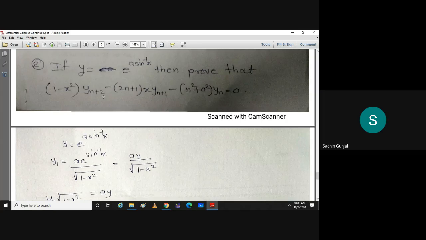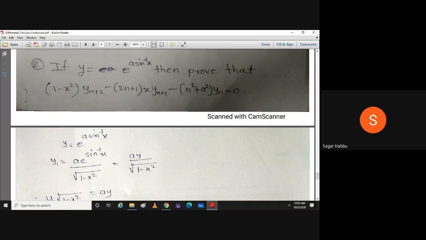So what I said is, observe the highest order derivative in the expression. Then we'll take the second derivative and then apply the Leibniz rule. This is going to happen most of the time.